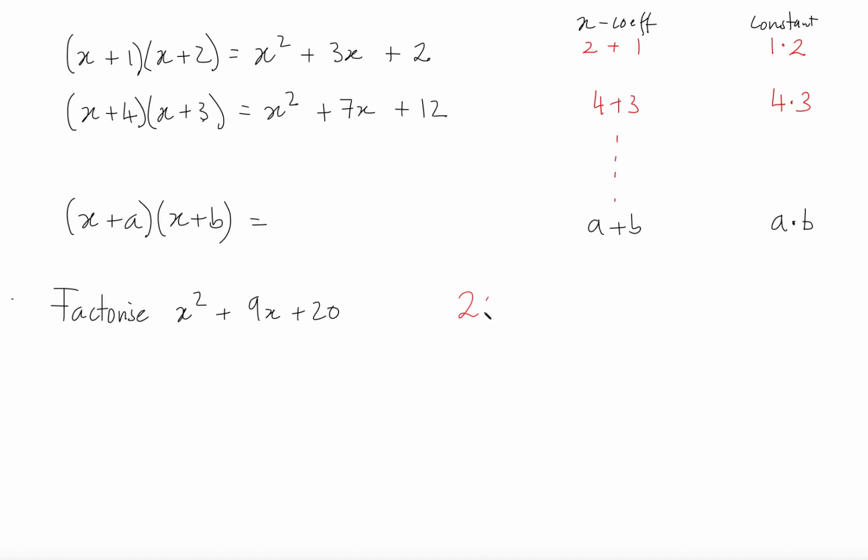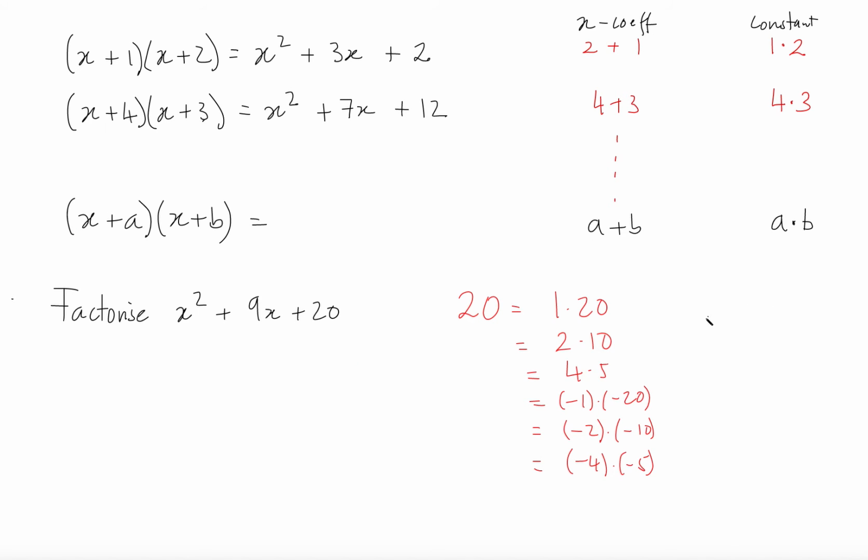Well, 20 we can write 1 times 20, 2 times 10, 4 times 5, minus 1 times minus 20, don't forget the negative numbers, minus 2 times minus 10, and minus 4 times minus 5.